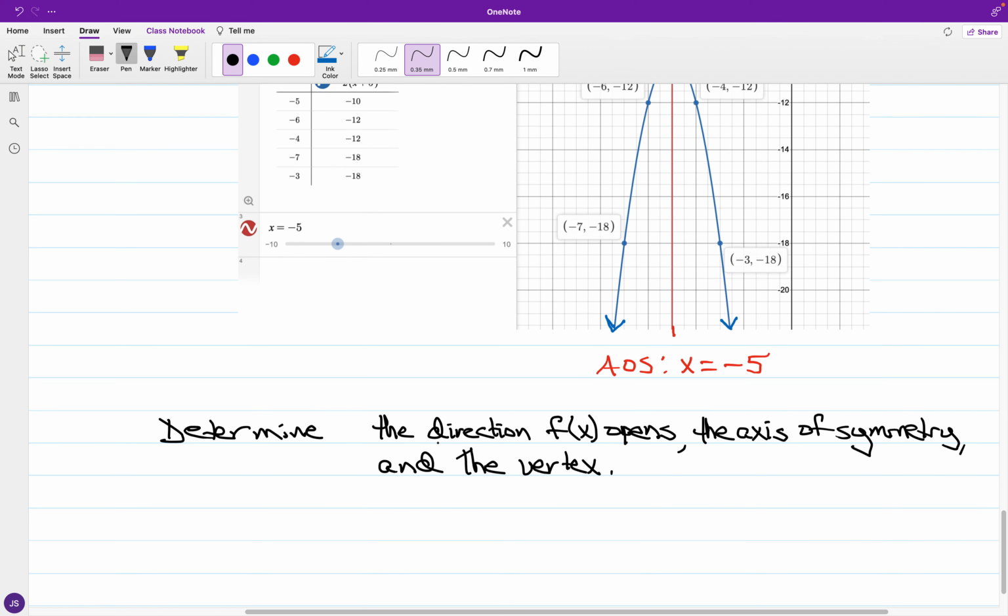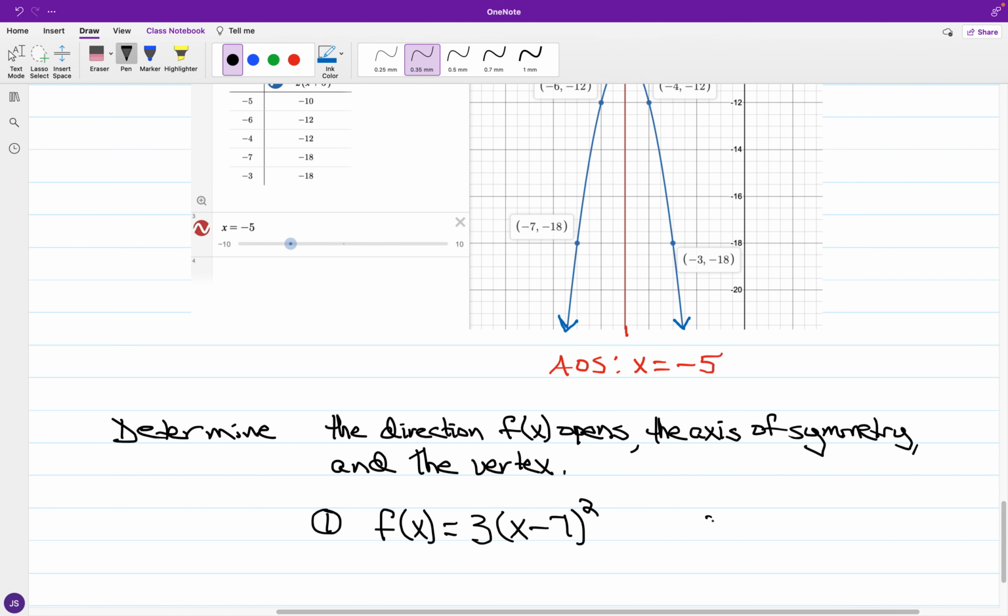First, f of x is equal to 3 times the square of x minus 7.